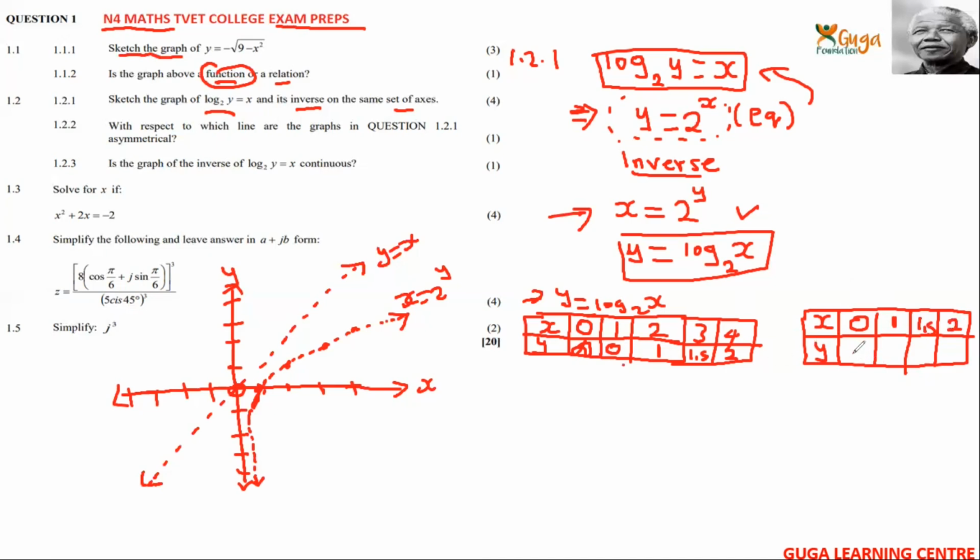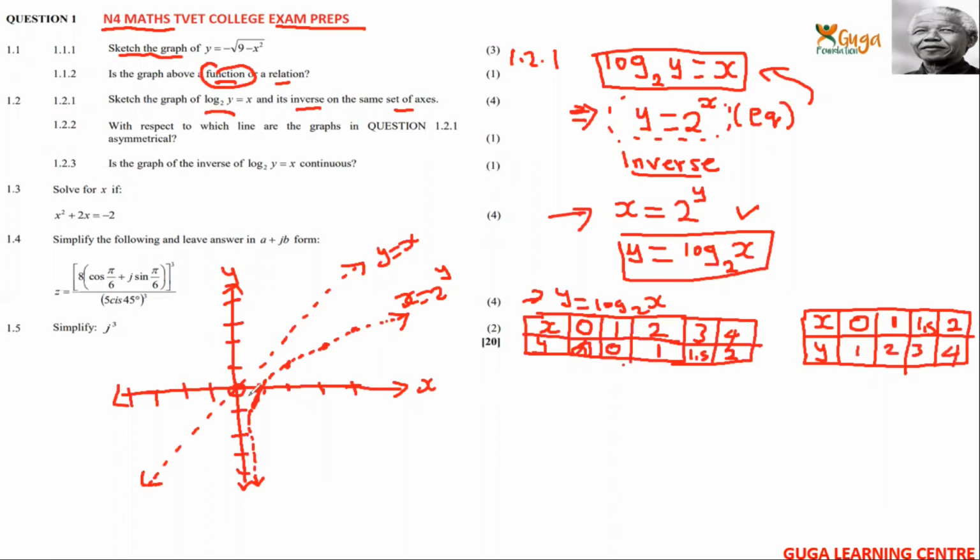And then on the other side, they've got infinity, 0. Sorry about that. So here we've got 1, 2, 3, 4. All right.